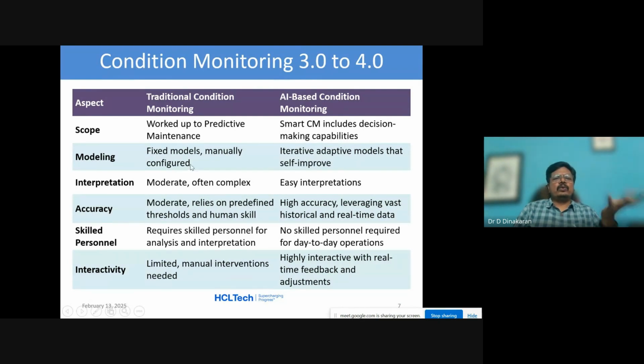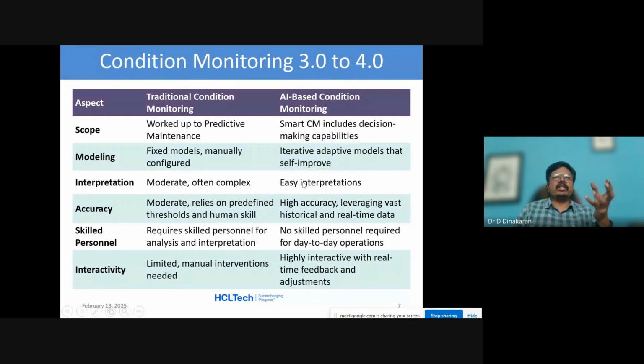So in traditional condition monitoring and predictive maintenance, they are very moderate in nature and very often complex. But in AI models, interpretation would be very, very easy for us, because it will give the data like a cake. It will present to you that there is a defect, there is a problem, you go and solve that problem. Such direct information it will provide to us.